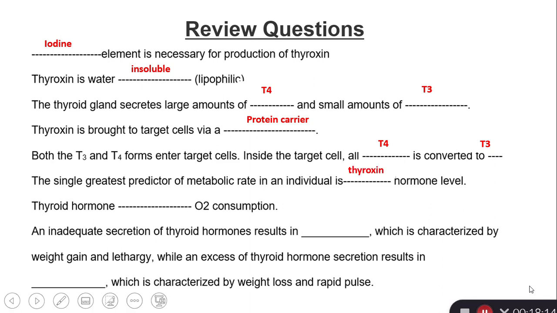Thyroid hormone does what to oxygen consumption? Remember, it stimulates aerobic respiration, so it increases the consumption of oxygen.